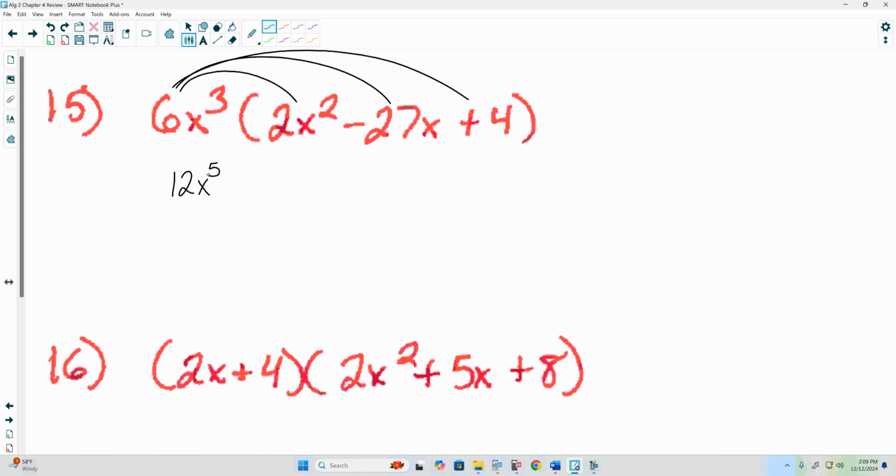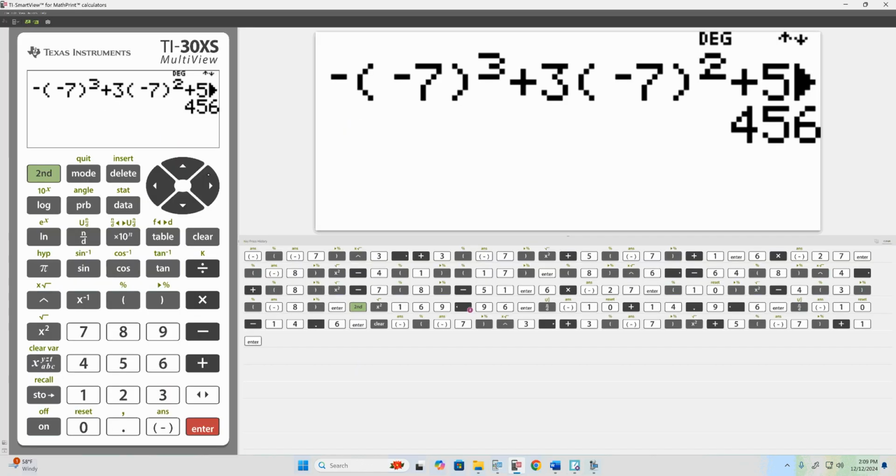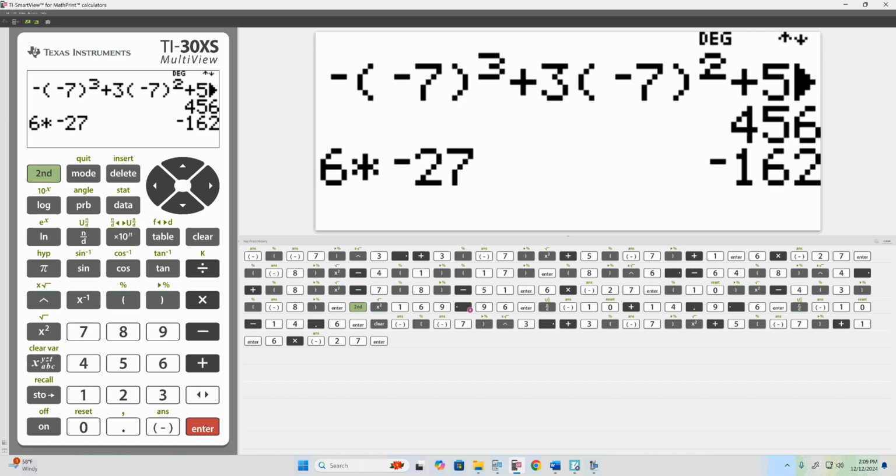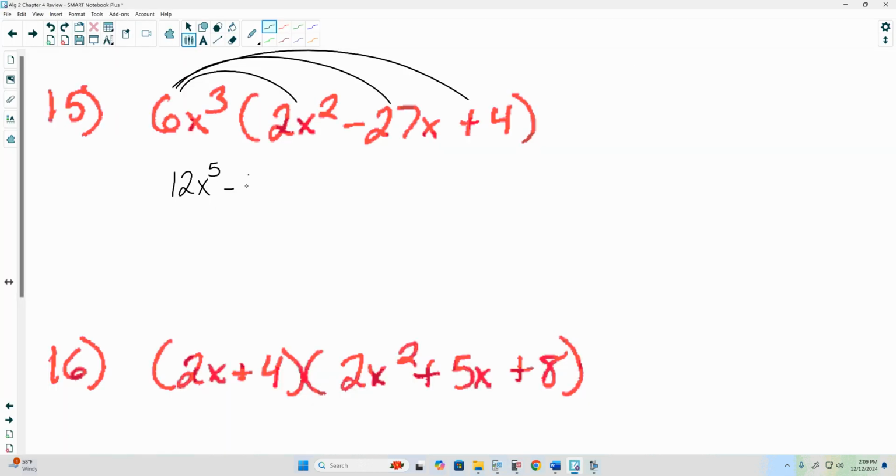Now 6x cubed times negative 27x squared. Well, 6 times negative 27 is negative 162. And our x cubed times x is going to be x to the fourth.